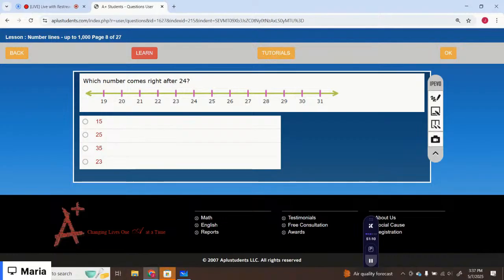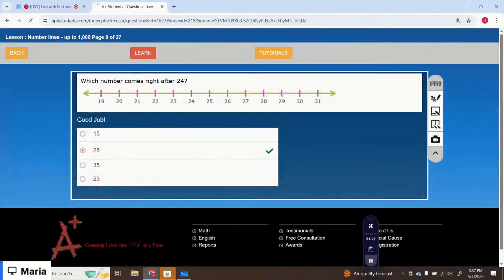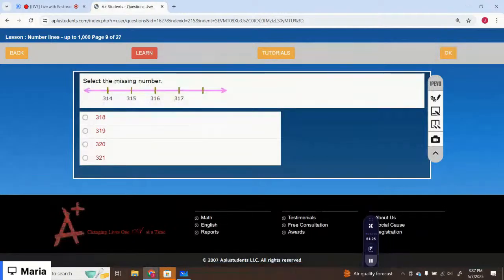Which number comes after 24? That is 25. Option number two is the correct option. Select the missing number.